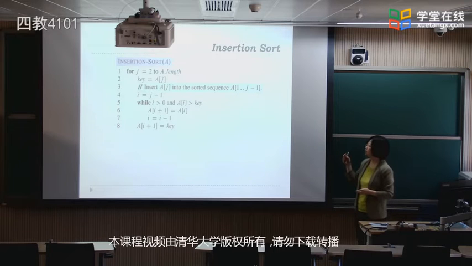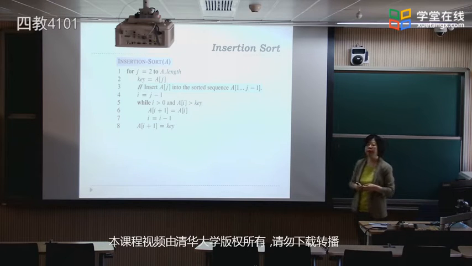And then from line 4 to line 7, we're going to make room for the value key, the correct location. And this while loop basically is going to move all the elements that are greater than the value key to its right. And finally, we put key back to A sub i plus 1 position.